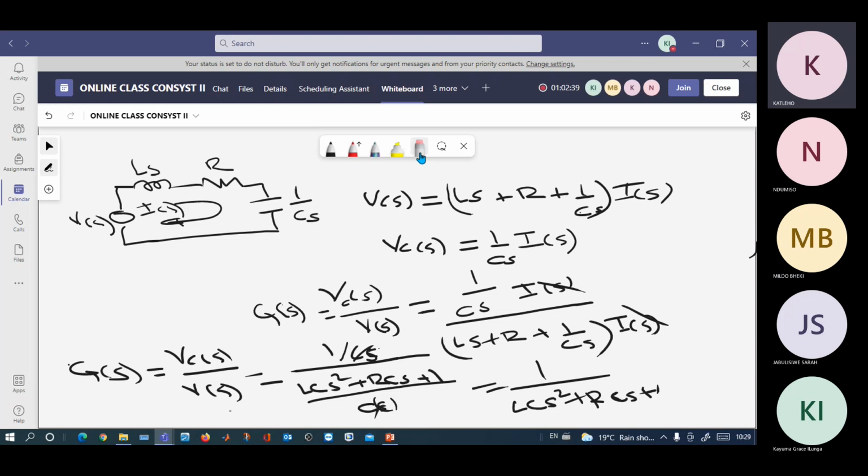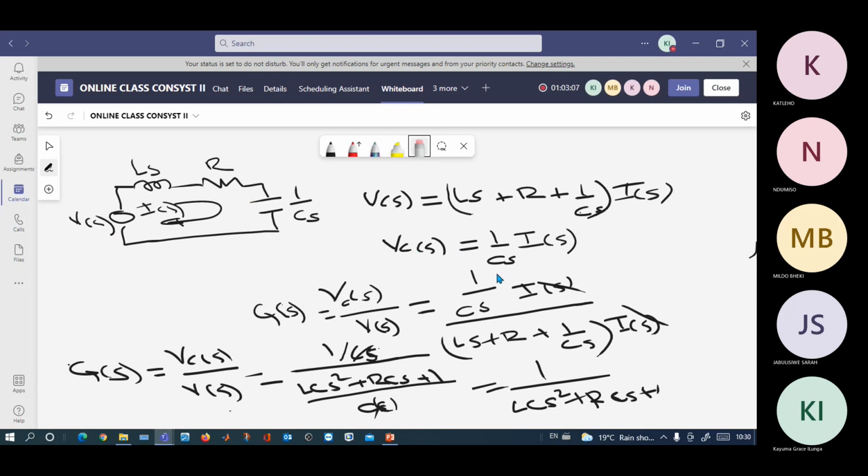Okay. So next time, if they give you this kind of problem and ask you to find the transfer function, you don't have to go through all the time domain and apply Laplace. You can use the impedance law directly, unless they say to first find the solution in the time domain.